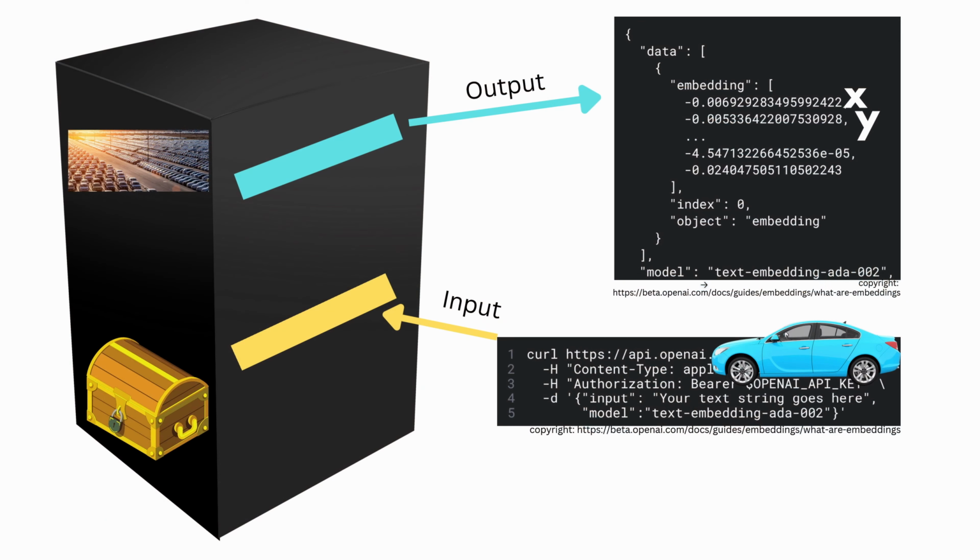I'm so proud of you, because you see, if you take this symbol now, and we have here our input string that we put into our black box, this is our blue car. And out comes, and now you know what an embedding is. An embedding is a vector representation in a particular created vector space. And this vector space was created here by our black box.